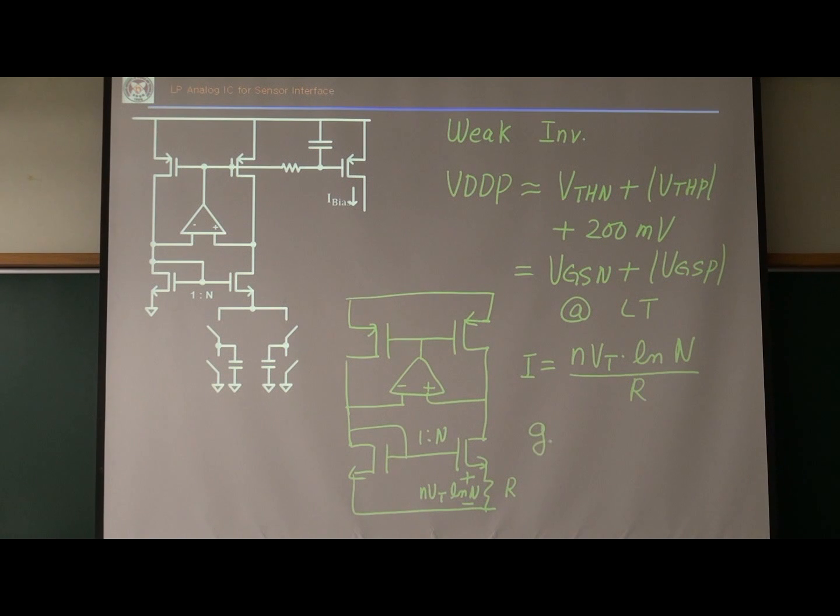So in weak inversion, the GM is just I over N VT, right?